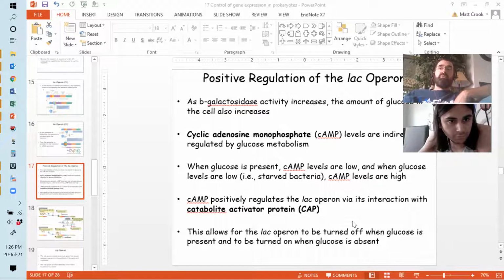And it does so through essentially modulating how well RNA polymerase binds to and transcribes the lac-operon.